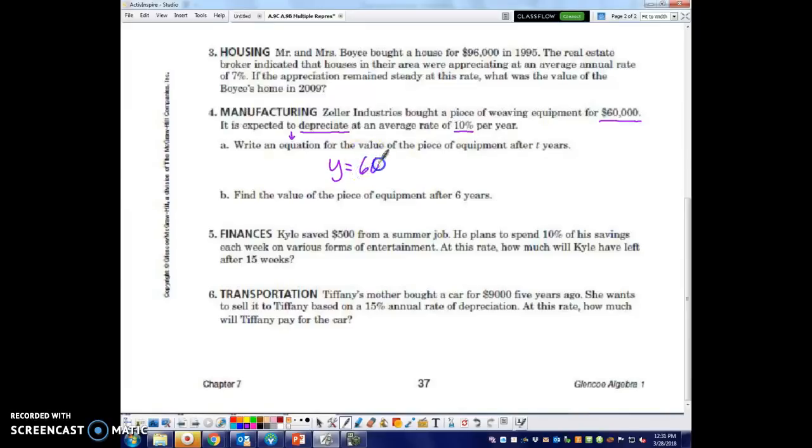That's 60,000 times, now this is going down, so we're doing 1 minus 10%, which is 0.10. 1 minus 0.10 is 0.90. Okay, so we're doing times 0.90 to the power of t, or to the power of x. That's your equation. Then you'll need to find the value of the piece of equipment after 6 years, and you can do that on your own.